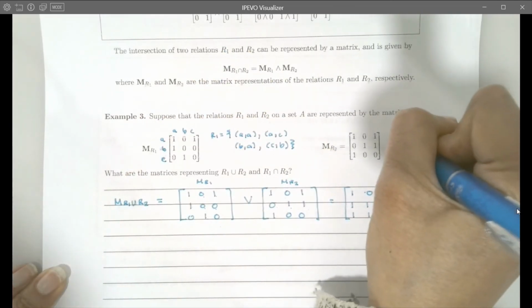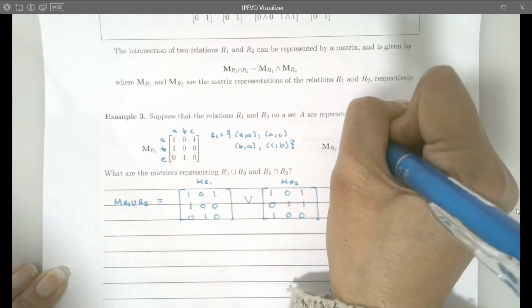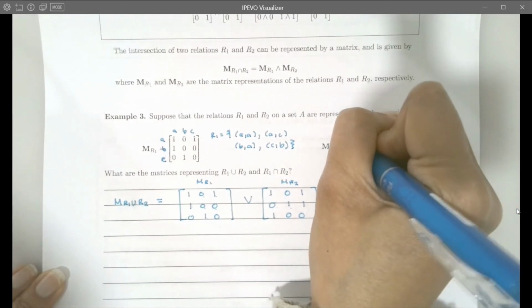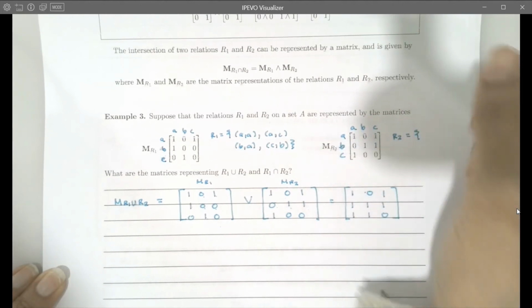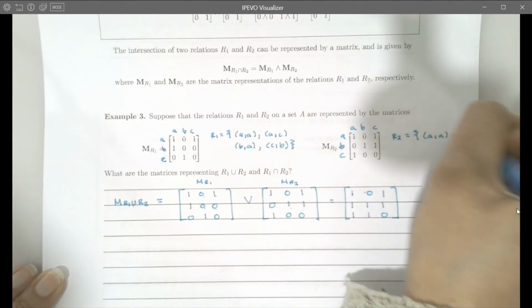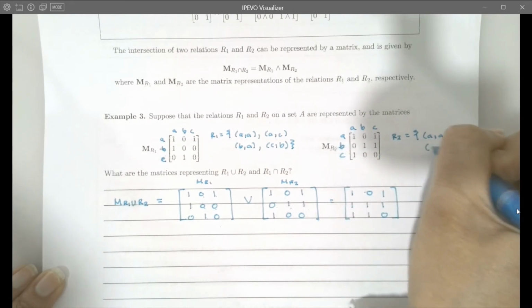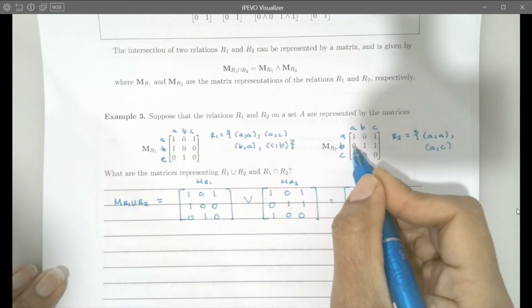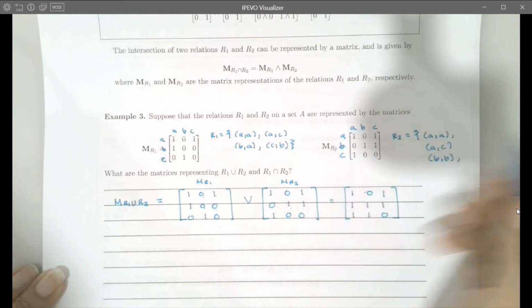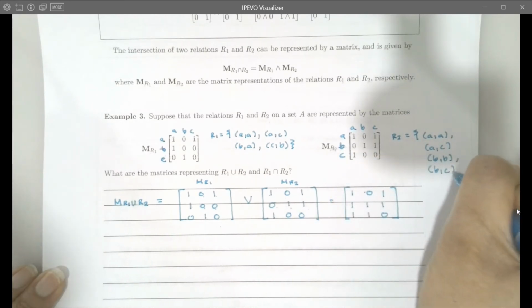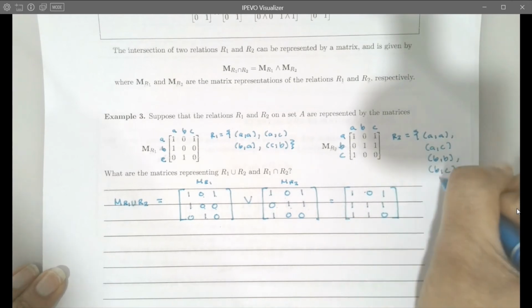For the second relation, again, we're assuming it's from ABC to ABC. The second relation will contain element AA, element AC, element BB, element BC, and element CA.